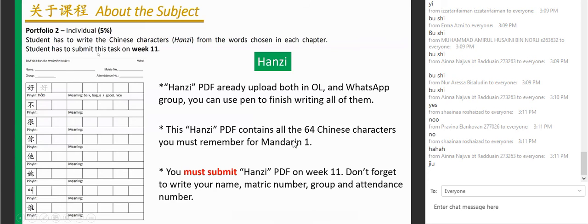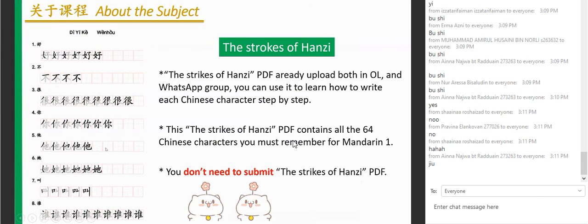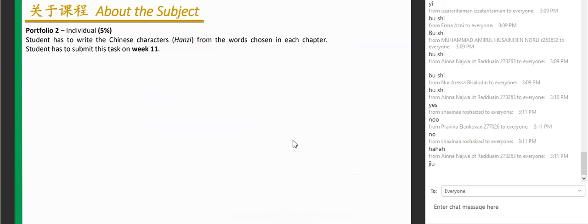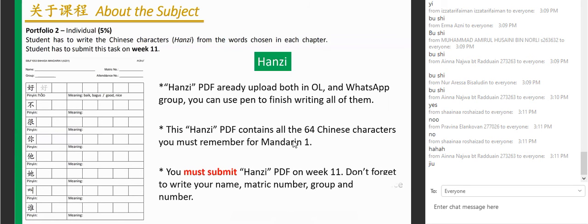The first page looks like this. When you download it, the first page looks like this, not this one as we gave you. This one you don't need to submit, but you have to submit for this. We give you a total of 64 Chinese characters here. You have to make sure you finish it.